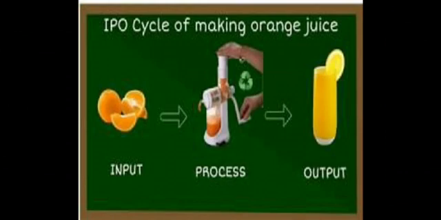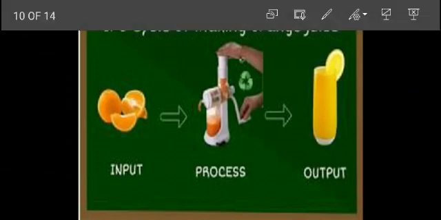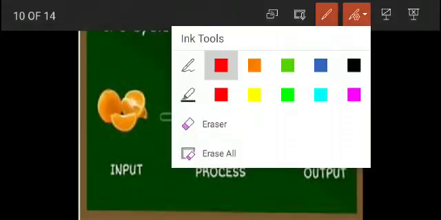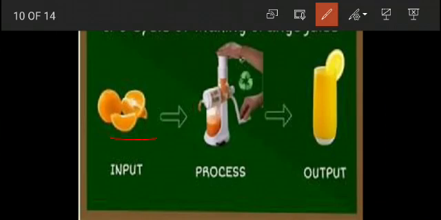So another example I have taken is preparing of orange juice. For orange juice, you need oranges, some pinch of salt and some sugar. That is the input. Whatever ingredients you need to make that particular thing, that is the input.